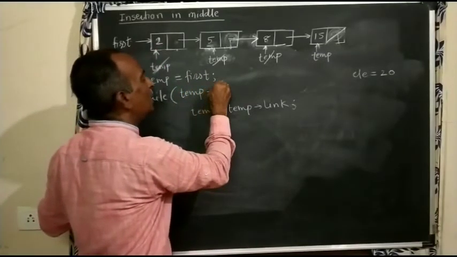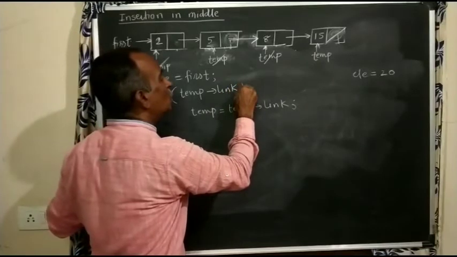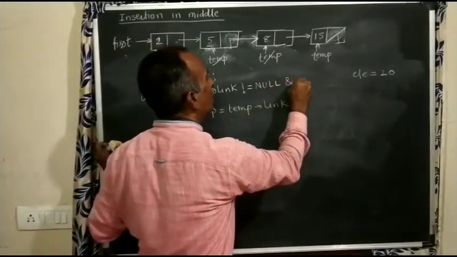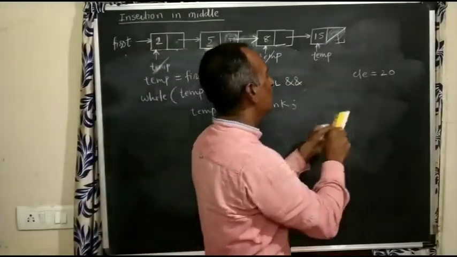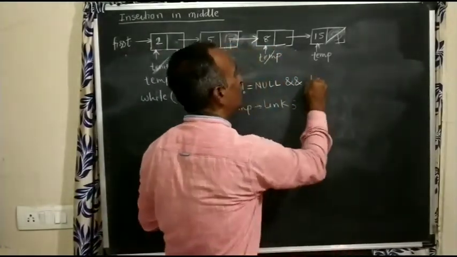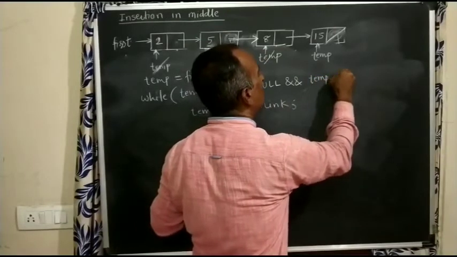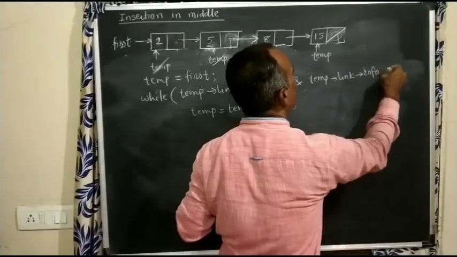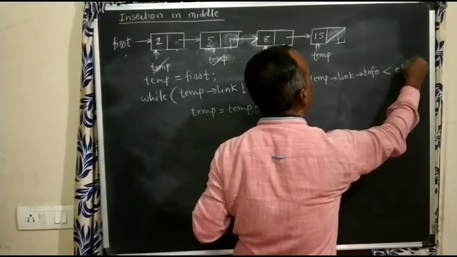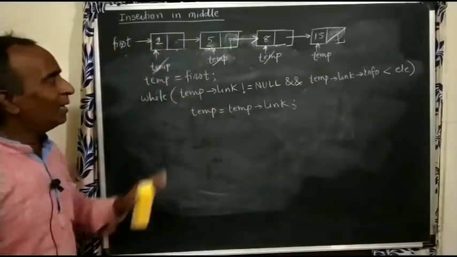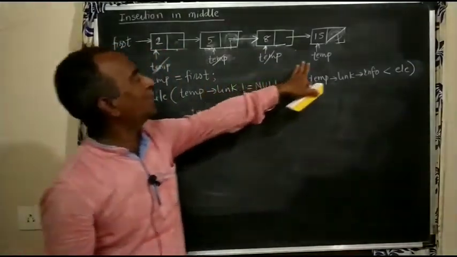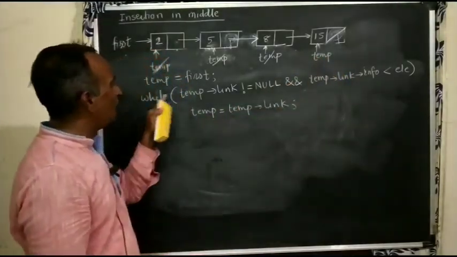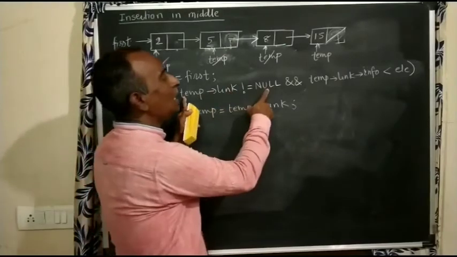So instead of this, see what I should give for managing this. When temp's link is not equal to null, and the earlier condition, temp's link's info field is less than element. These two conditions. Now what will happen? First condition: suppose temp has reached here. When it goes again here, is temp's link null or not null?